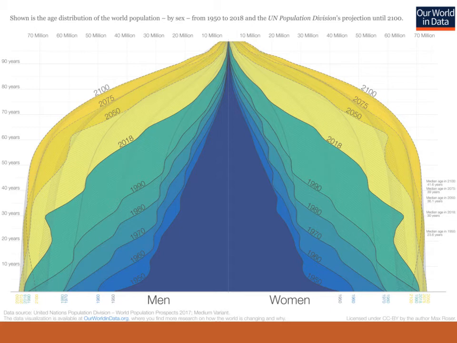But overall, population is going to grow and widen out in the older age categories globally, so that by 2100 or so, by the end of the century, we'll have a much different looking population pyramid than the one you see for 2018 perhaps.